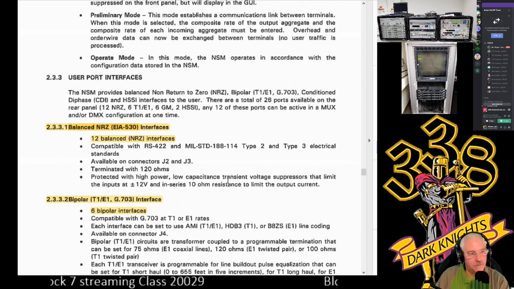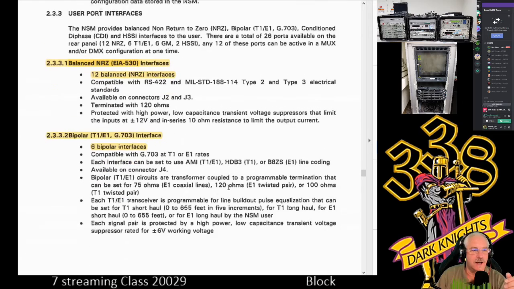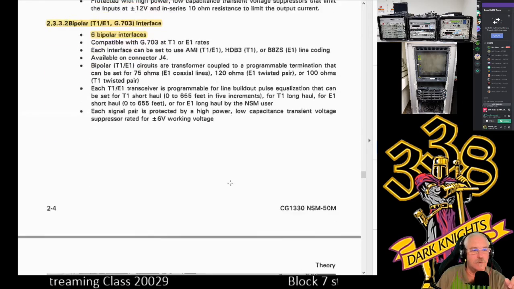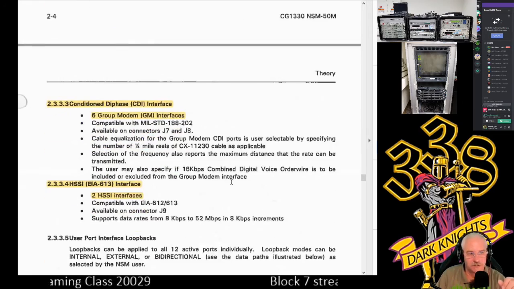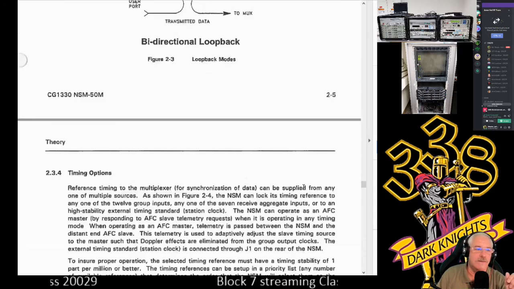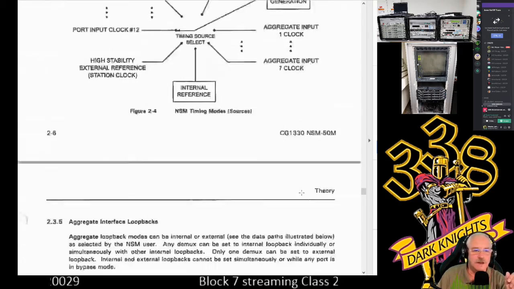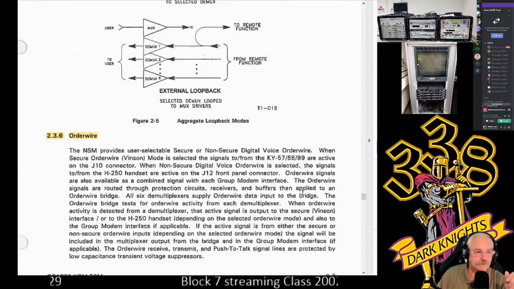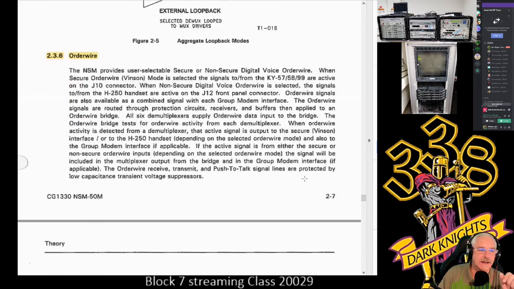So you got 12 NRZ ports, you got 6 T1/E1 ports. You got 6 group modem interfaces, better known as CDI, and then you got 2 HSTV interfaces. You can make them do what you need to do with them. And there's your order wire. Just wanted to add that in there.